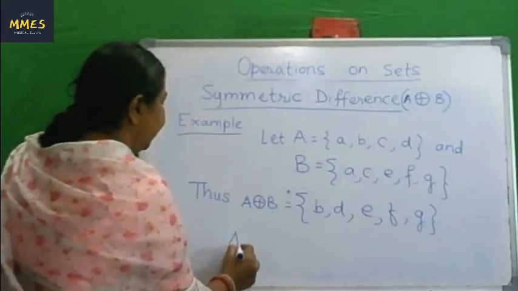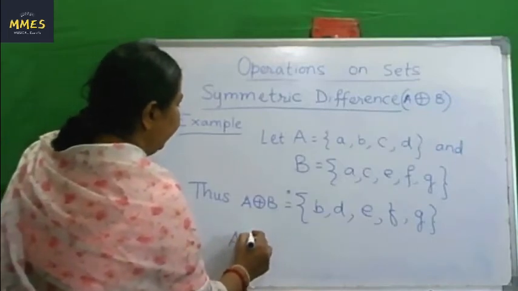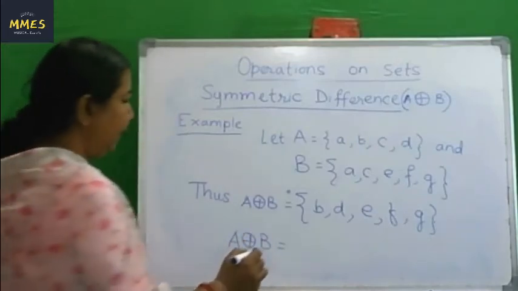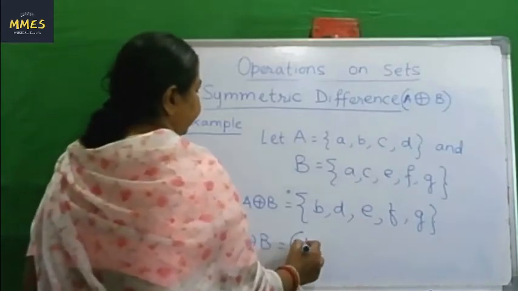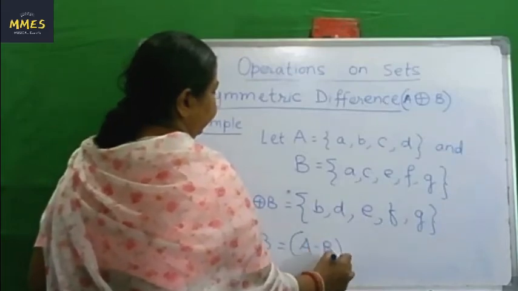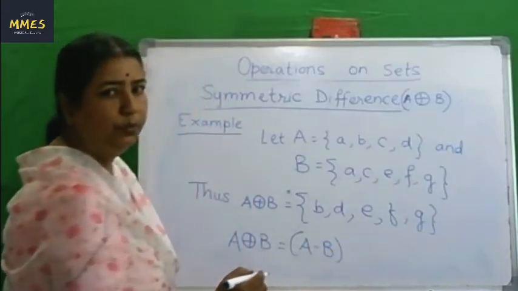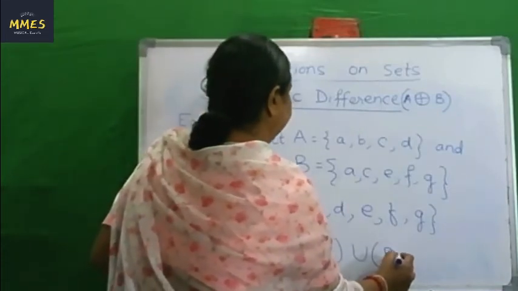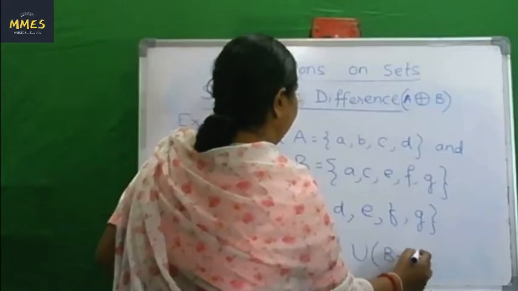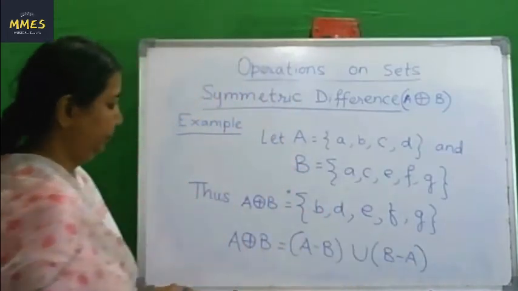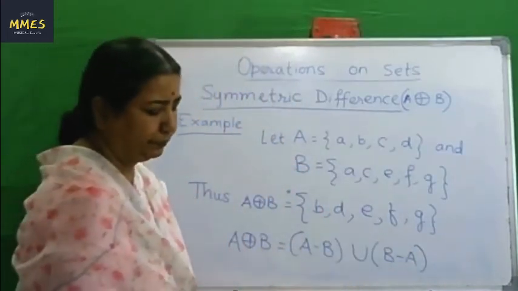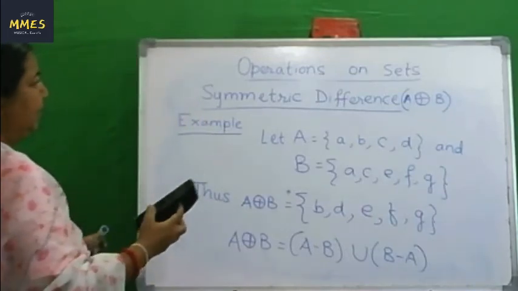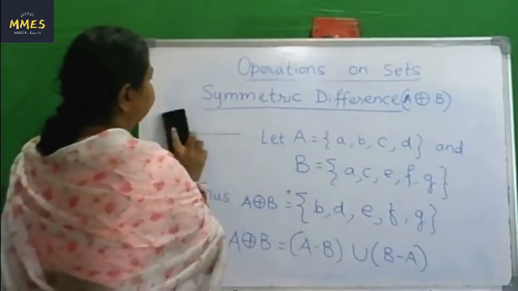In other words, we can say the symmetric difference of A and B will be equal to A minus B union B minus A. Now this is represented in the form of a Venn diagram.